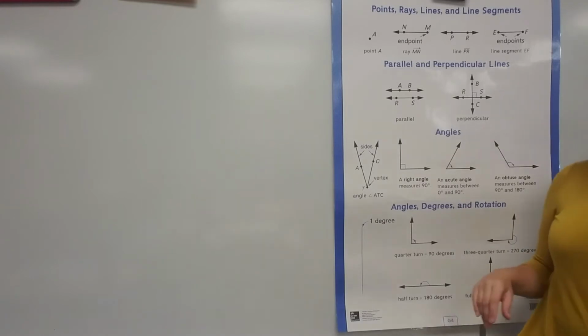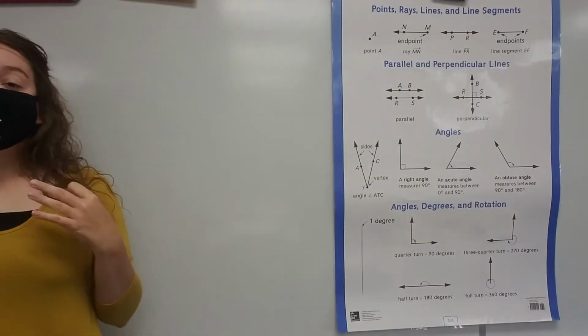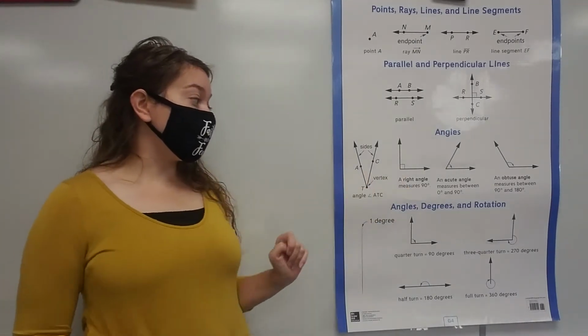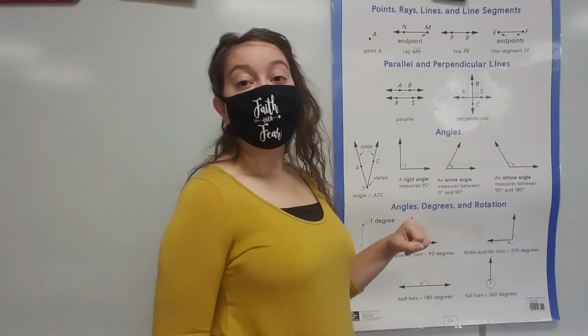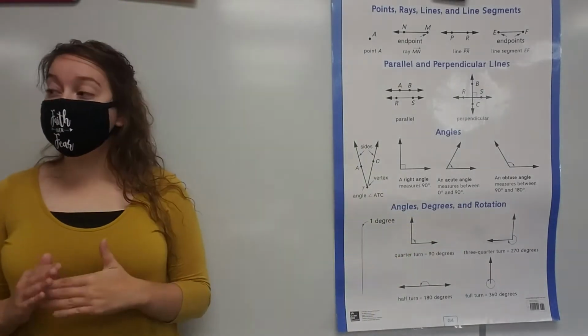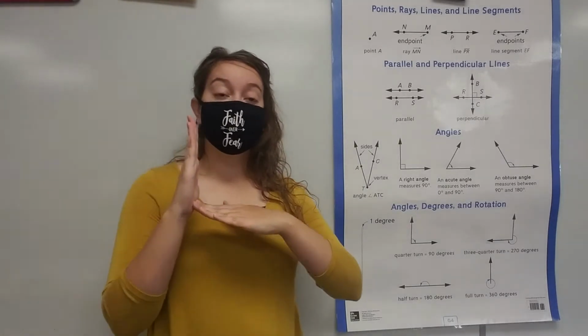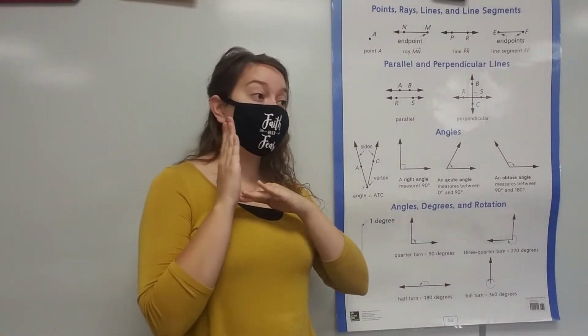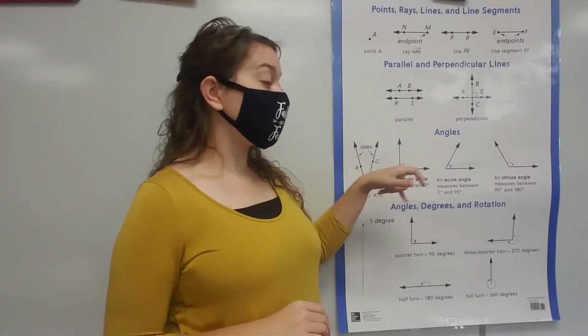Then we have 3 other kinds of angles. They are called right angle, acute, and obtuse. When an angle is a right angle, the two sides form a right angle, meaning you can draw a little square.